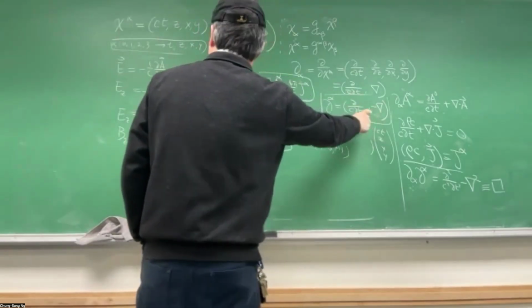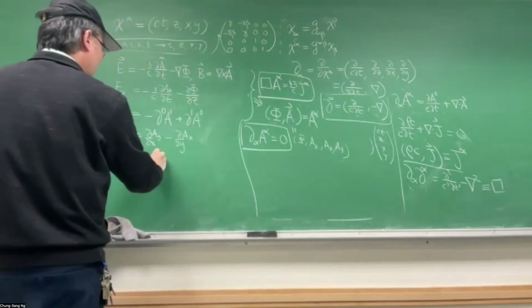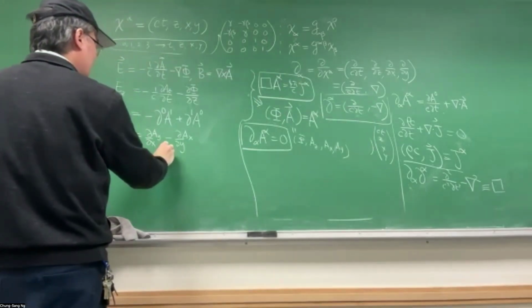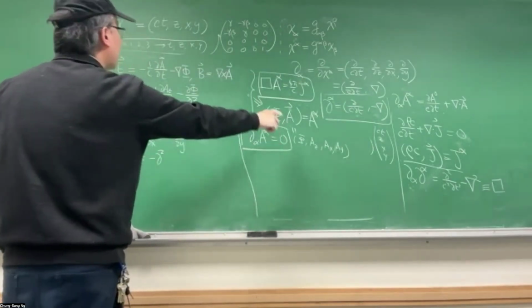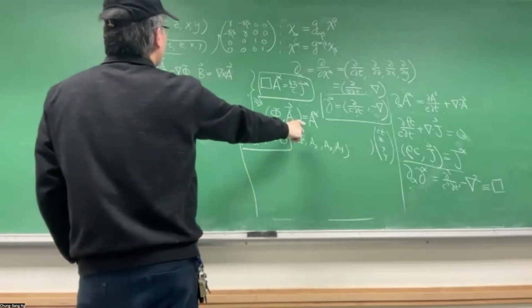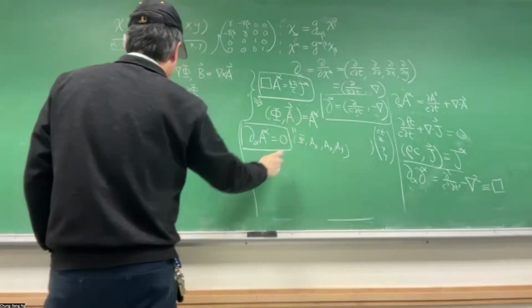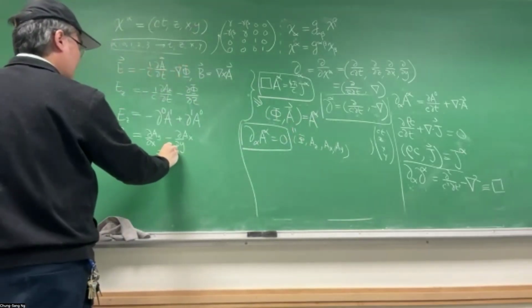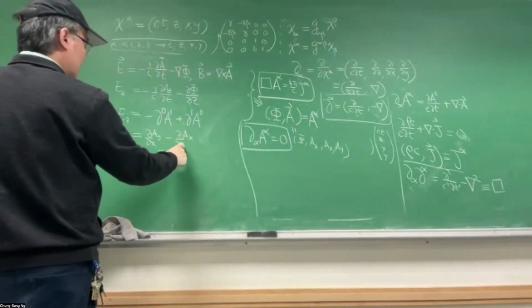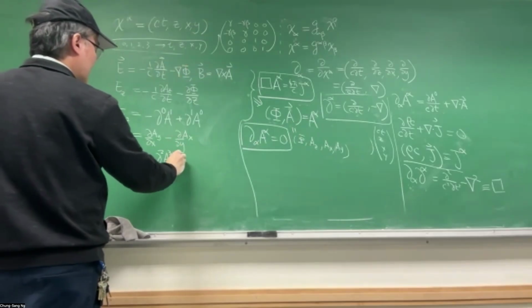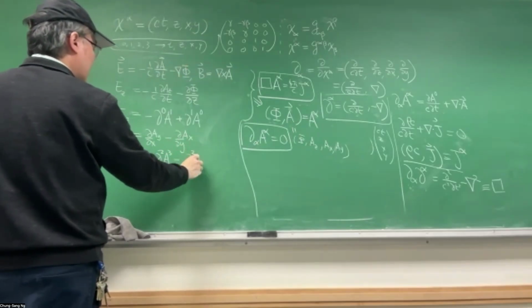Now with a negative sign, you have negative partial 2, and A y is the 3 component, so A3. And likewise, partial y is the 3 component, so partial 3, and A x is the second component.